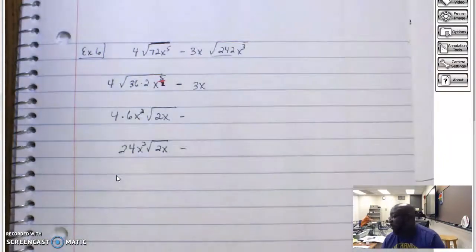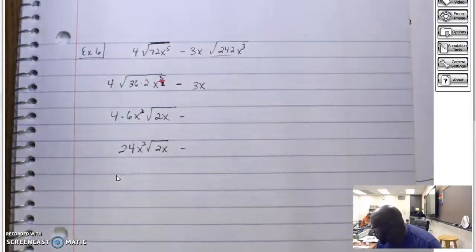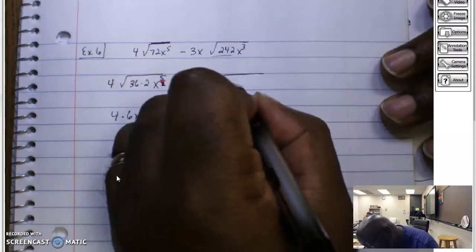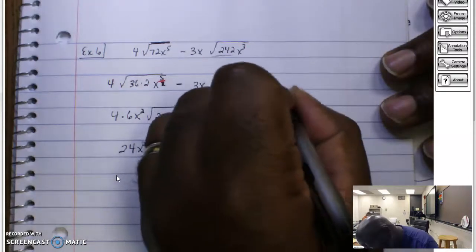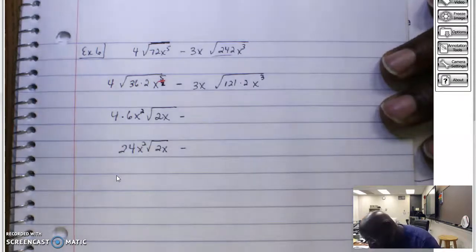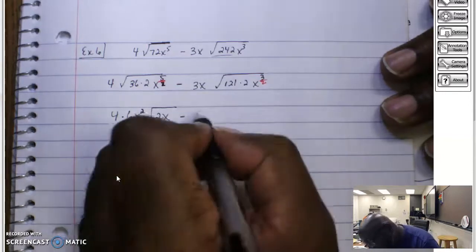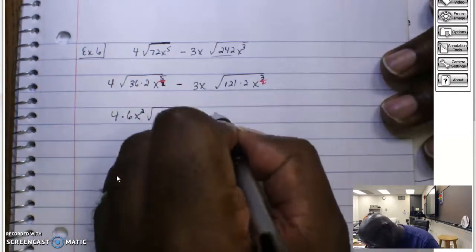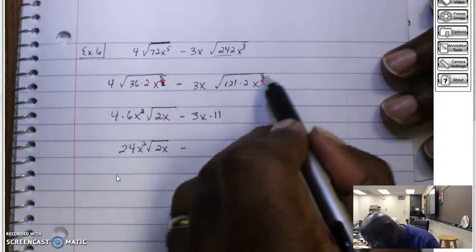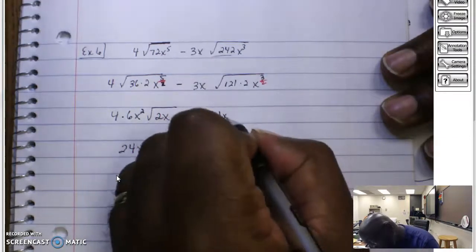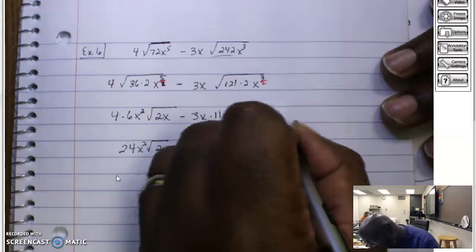All right. So now 242. The square root of 242, the perfect square is 121 times 2, and then this is x raised to the third, and we divide this exponent by 2. So what I have is 3x times 11, and the 2 goes into 3 one time with a remainder of 1.